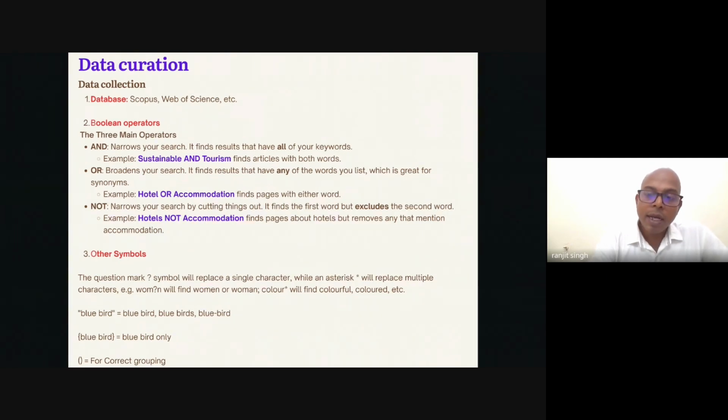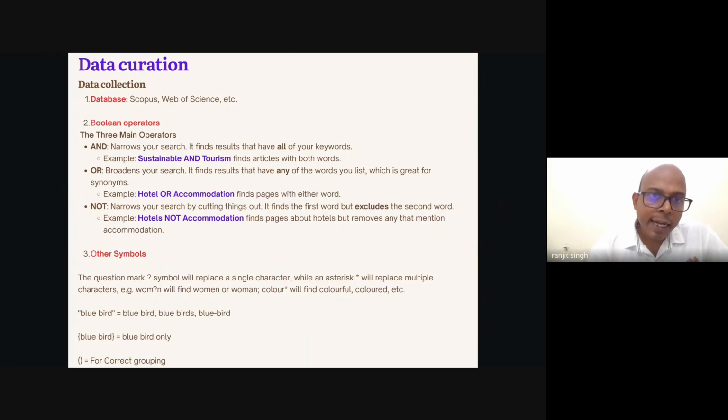For example, if you are a scholar at Mizoram University, whether Scopus or Web of Science is available. If Scopus is available, you will find Scopus is useful, because Web of Science is not available. And if Web of Science is available and Scopus is not, then you will find Web of Science is good. And in some institutions, both Scopus and Web of Science are available. That is well and good.